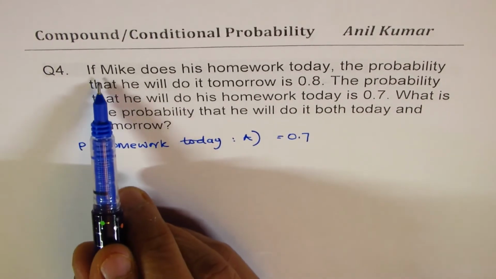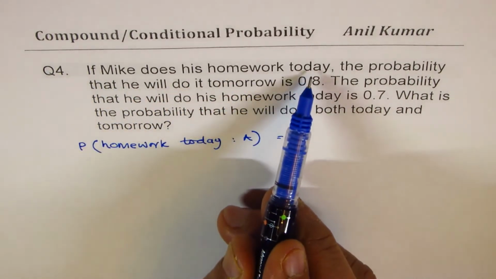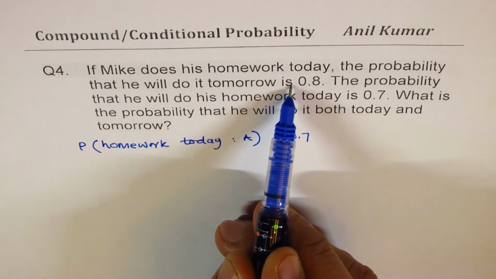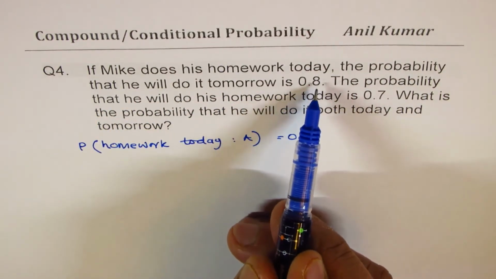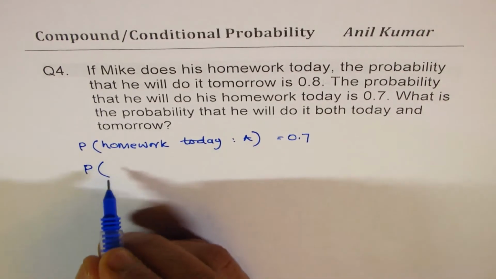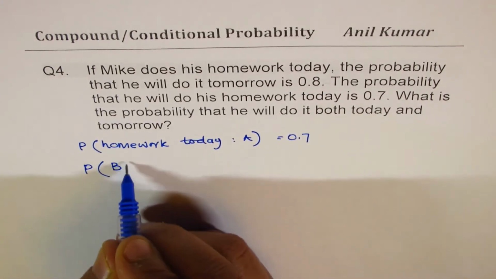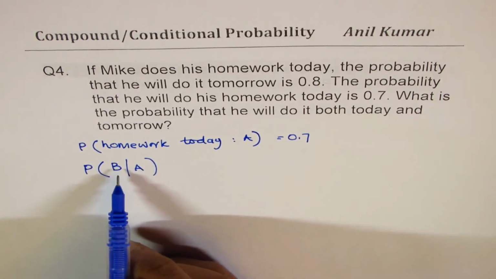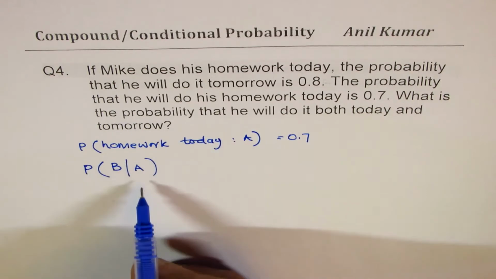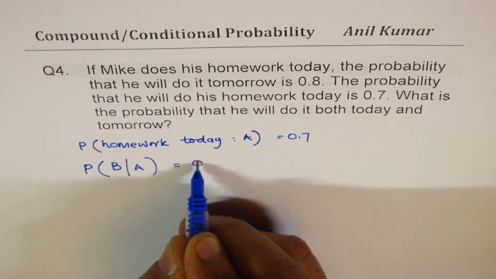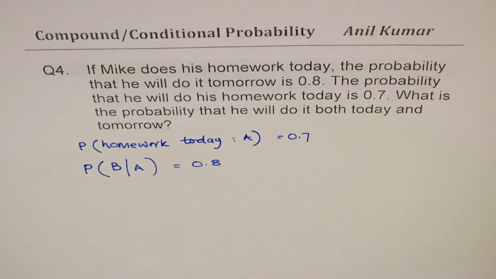Now it says, if Mike does his homework today, the probability that he will do it tomorrow is 0.8. That is a conditional probability, right? So we are saying conditional probability of B given that homework is done today, A. So B is homework being done tomorrow if A has been done today. So that is the conditional probability 0.8.